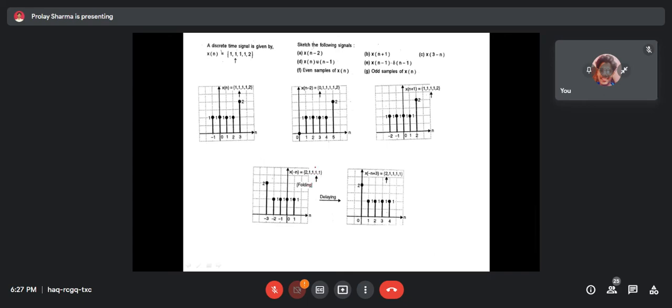Here is the 0th position and the signal gets delayed by 3 units. So 0, 1, 2, 3. The signal will be shifted to the right-hand side by 3 units, so the 0th sample value will be at position 3. So the signal will look like this.